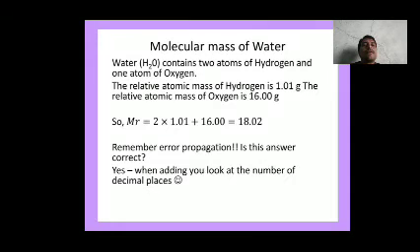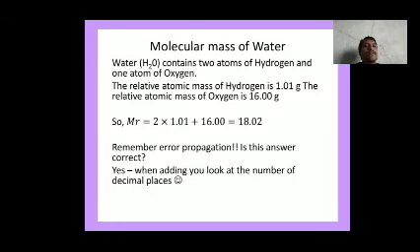So, molecular weight is equal to 2 into 1.01 plus 16, that is equal to 18.02. Remember error propagation. Is this answer correct? Yes. When adding, you look at the number of decimal places.